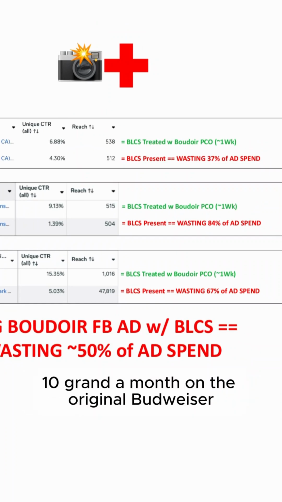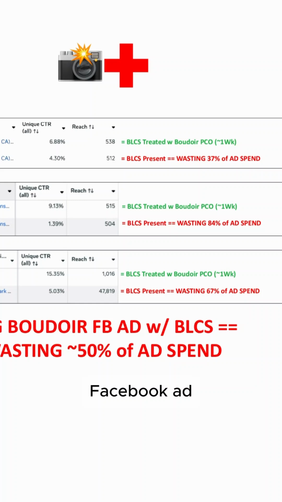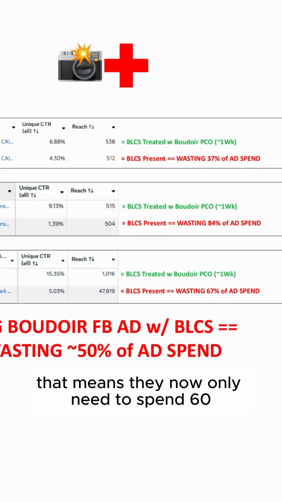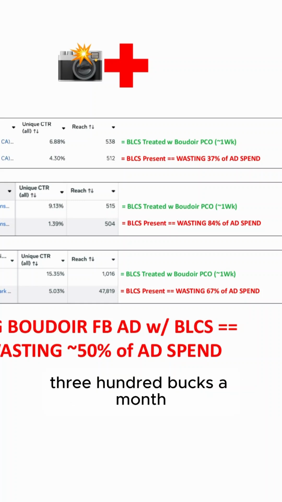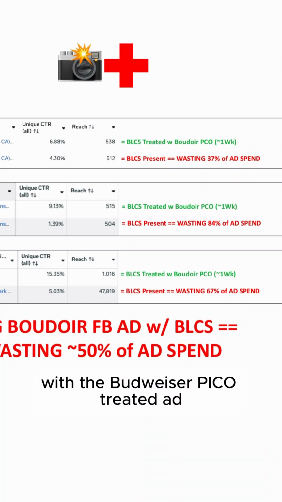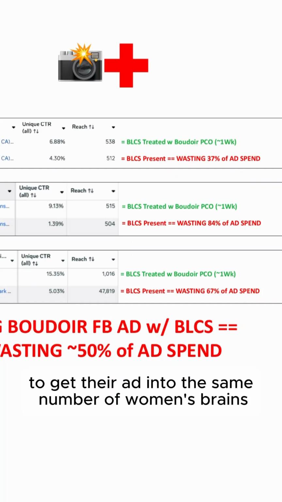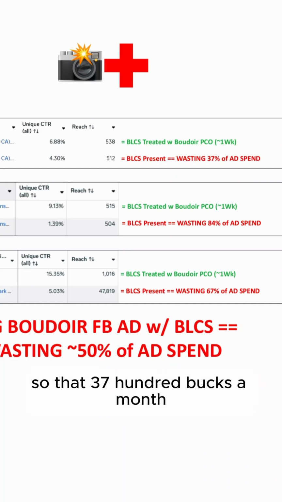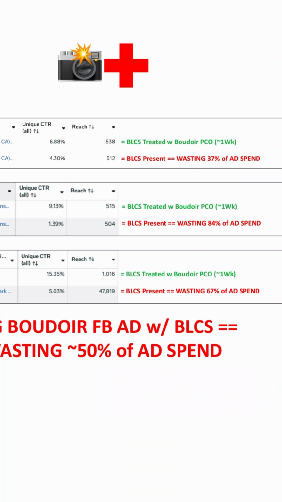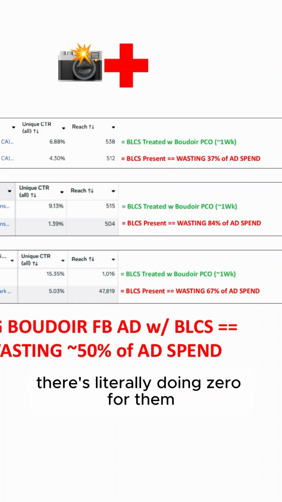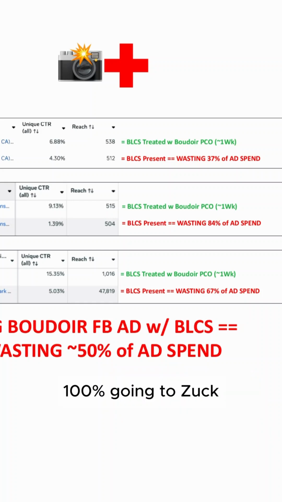That means if they're spending 10 grand a month on the original Boudoir Facebook ad, they now only need to spend 6,300 bucks a month with the Boudoir Pico treated ad to get their ad into the same number of women's brains. So at 3,700 bucks a month, it's literally doing zero for them. 100% going to Zuck.